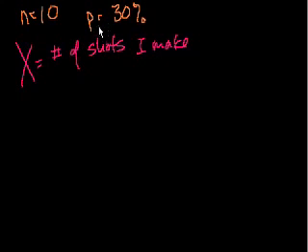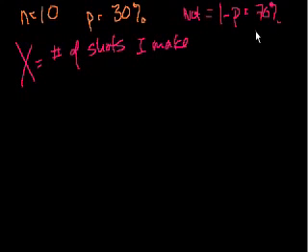In this situation, making a shot is less likely than not making a shot, right? Not making a shot is equal to 1 minus the probability of making a shot, which is equal to 70%. So there's a slight twist on what we did before, but in some ways this might be a more interesting example to your everyday life.